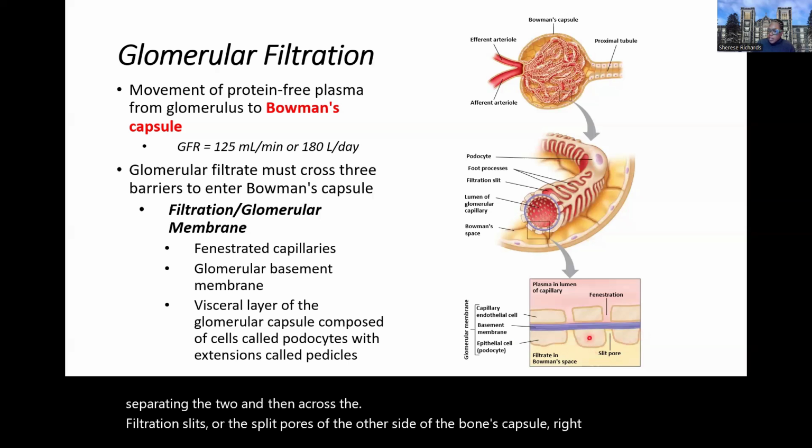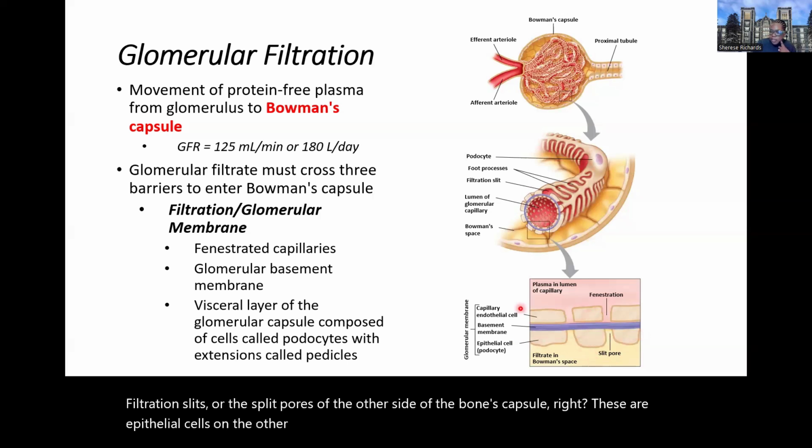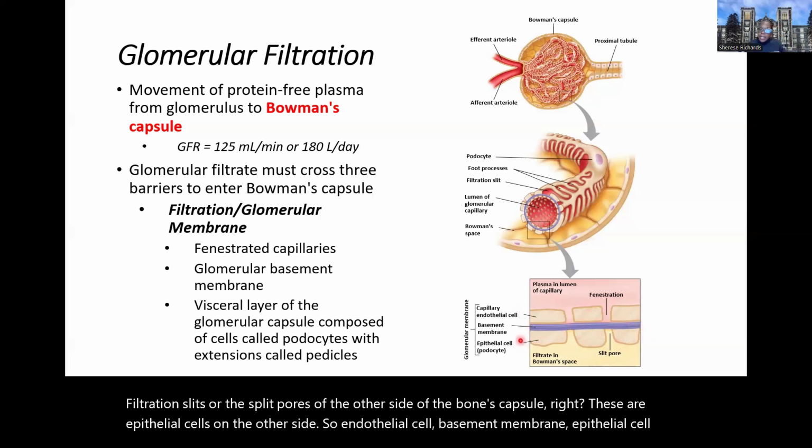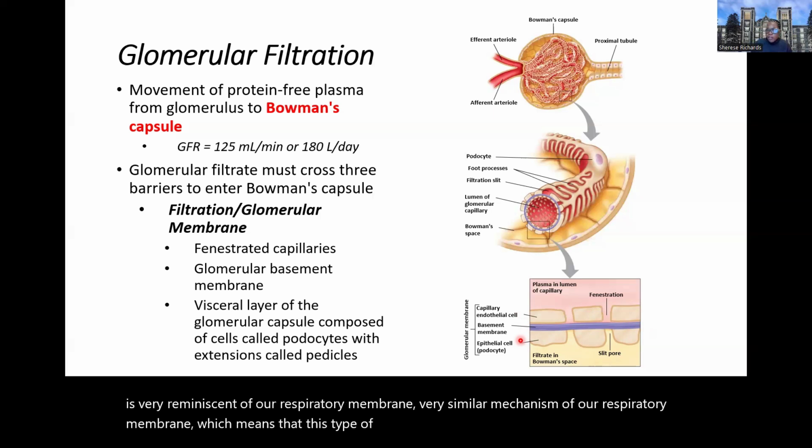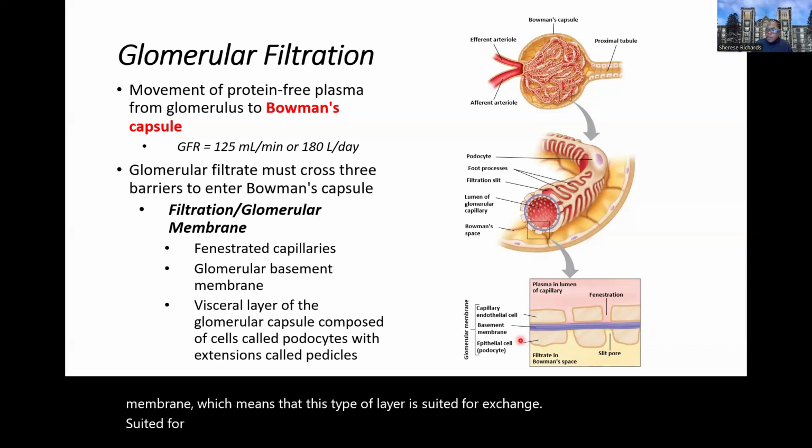These are epithelial cells on the other side. So endothelial cell, basement membrane, epithelial cell. This is very reminiscent of our respiratory membrane. Very similar mechanism to our respiratory membrane, which means that this type of layer is suited for exchange. It's suited for the filtration and movement of plasma across these structures.